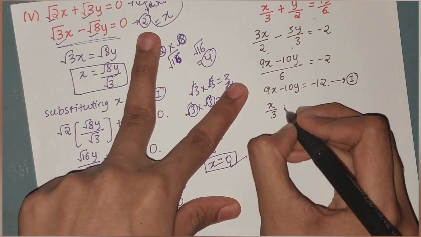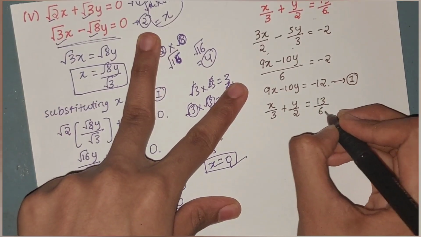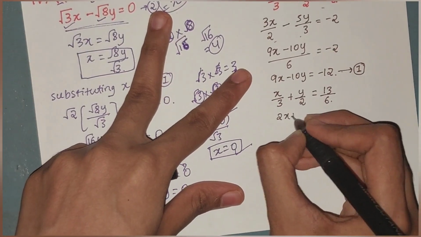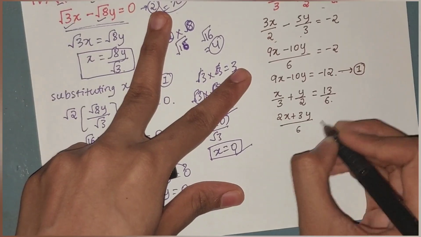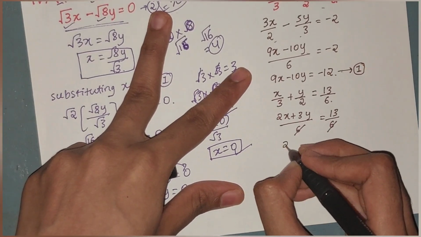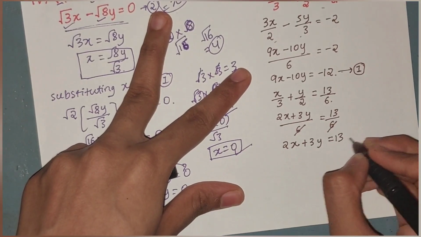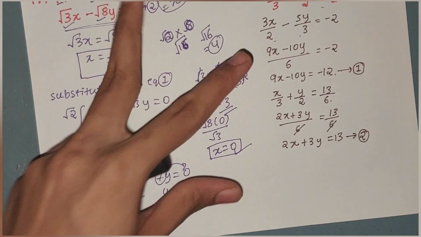Next, x by 3 plus y by 2 is equal to 13 by 6, so 2x plus 3y by 6 is equal to 13 by 6. The 6s get cancelled, so 2x plus 3y is equal to 13 is my equation number 2.